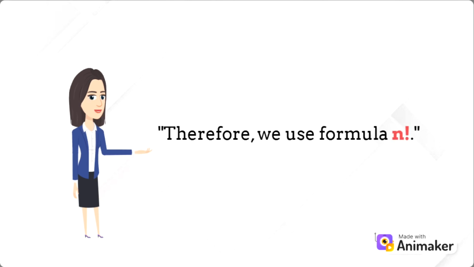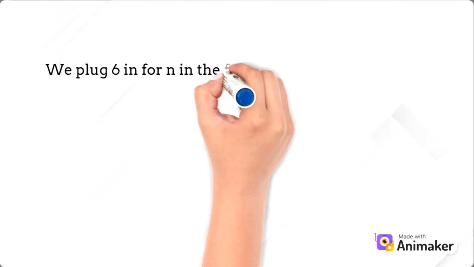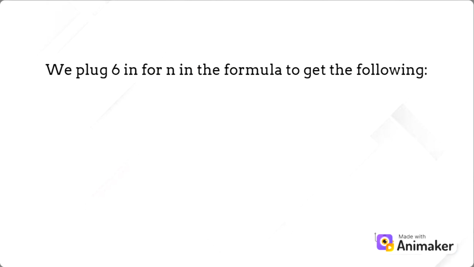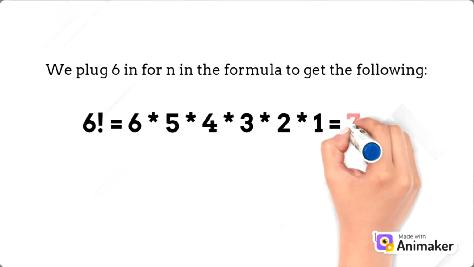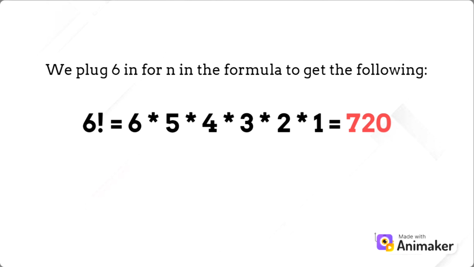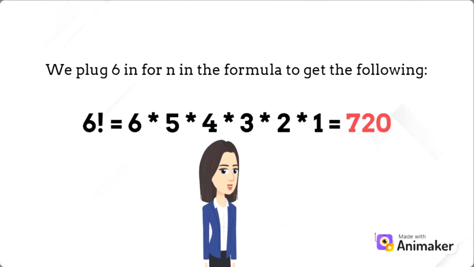Therefore, we will use the formula n factorial. Substituting 6 for n, we get 6 factorial, which is equal to 6 times 5 times 4 times 3 times 2 times 1, which is equal to 720. Therefore, there are 720 ways to arrange the letters in the word COLUMN.